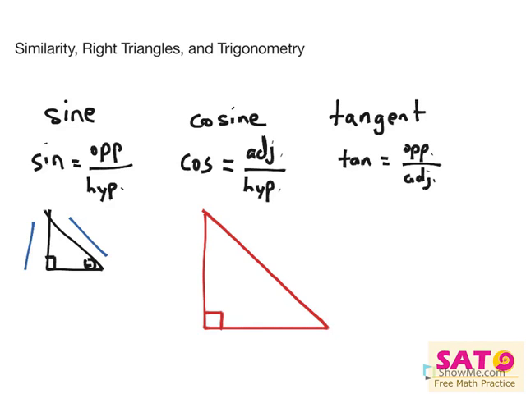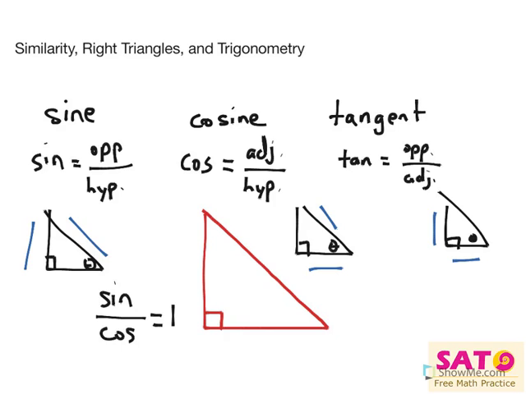For cosine, it would be adjacent over hypotenuse, and for tangent, it would be opposite over adjacent.